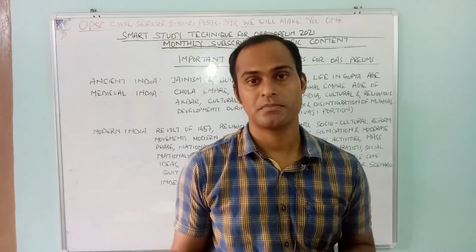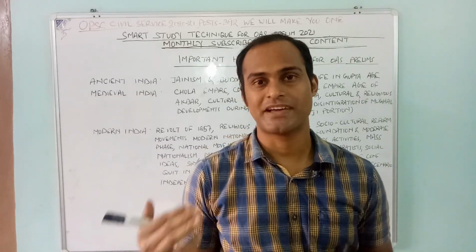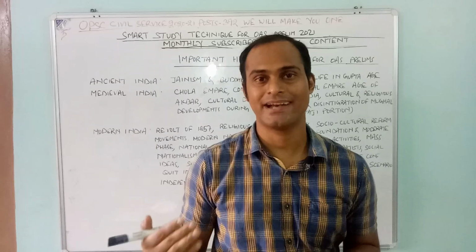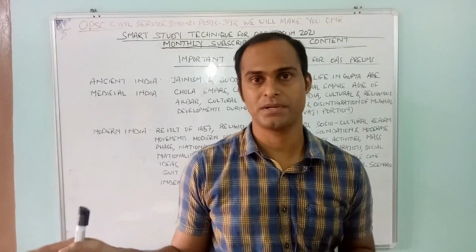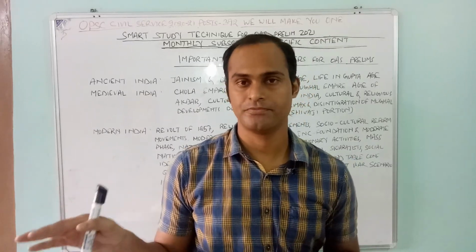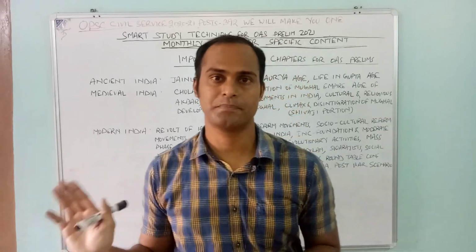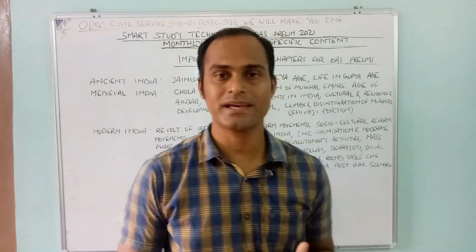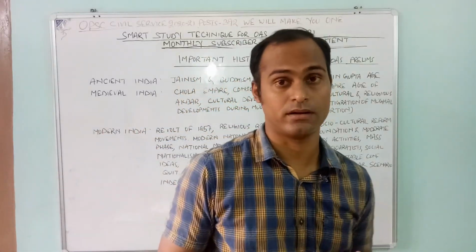All the important information is compiled in the Spectrum publication book, so it is very easy to go through and easy to revise. I would personally recommend Spectrum over Bipin Chandra. You can go with Bipin Chandra, no problem, but if you are preparing for UPSC mains, Bipin Chandra is very much required.